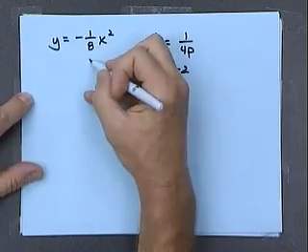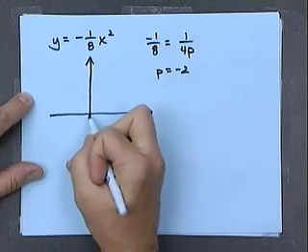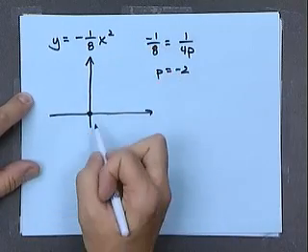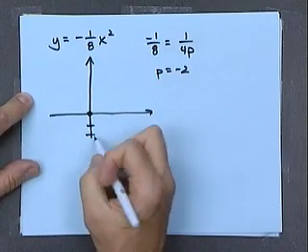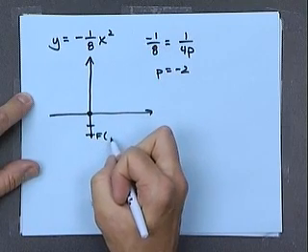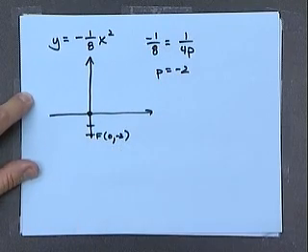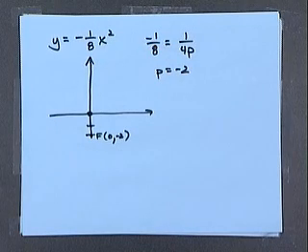Negative 2. So it does carry a direction with it. So we would start with our vertex here, and this time go down 2 units to get to the focus, which is (0, negative 2). So it is directed distance from vertex to focus.